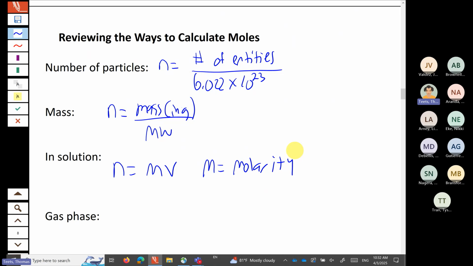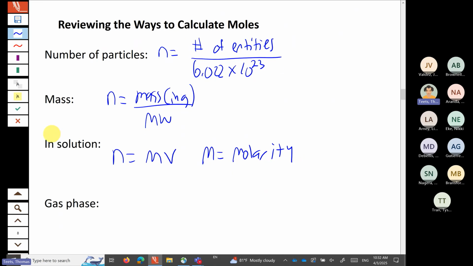And then what we have now introduced in this chapter, which is the last relationship involving moles that we're going to use, is PV equals nRT, which means we can solve for the number of moles if we know the pressure, the volume, and RT.